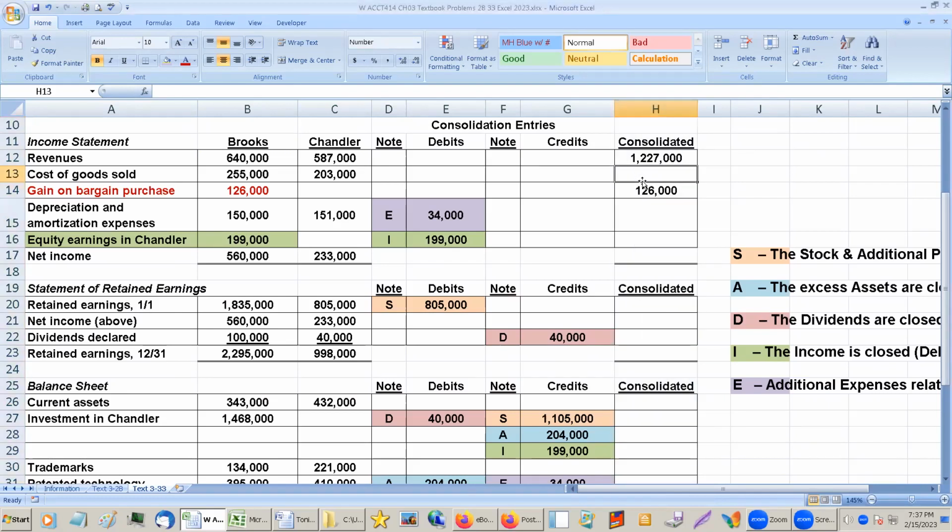This would be. Now, again, make sure you have this in there as a plus, the 126, or else these two aren't going to match.